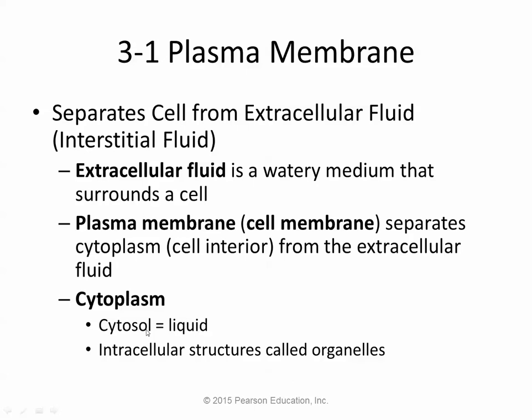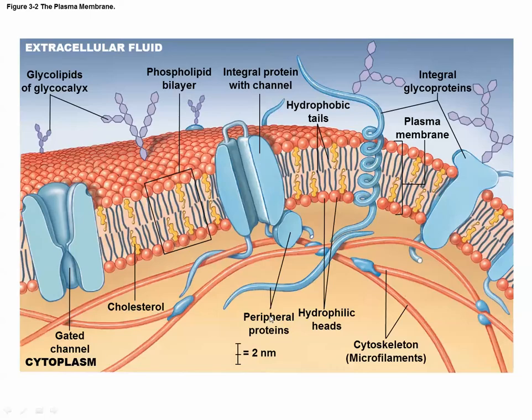Now, as I've said earlier, the cytosol is primarily water. It has some proteins and some ions suspended in it, whereas the extracellular fluid is also mostly water, but the ions in it are quite different, and it doesn't have anywhere near the amount of proteins that the cytoplasm has.